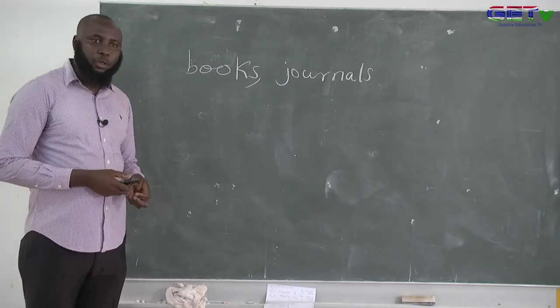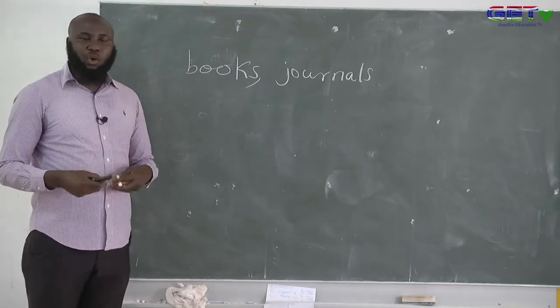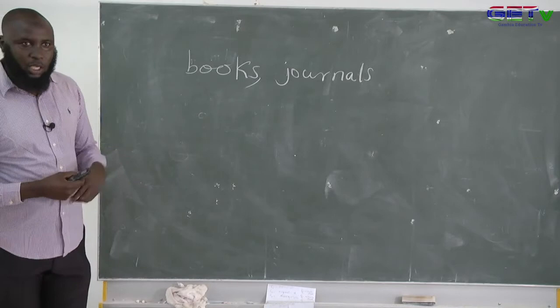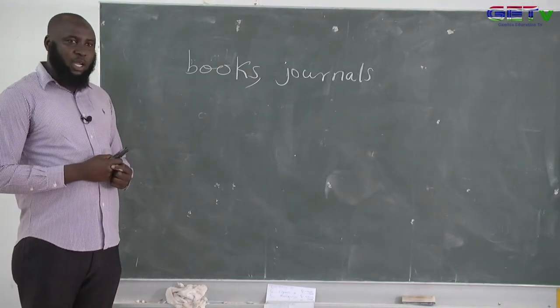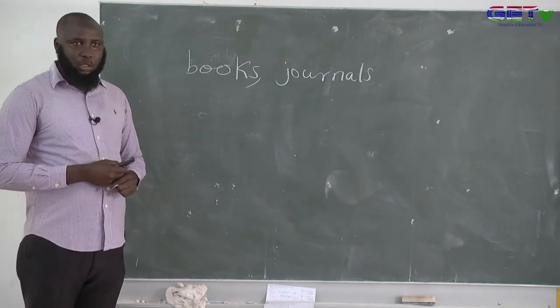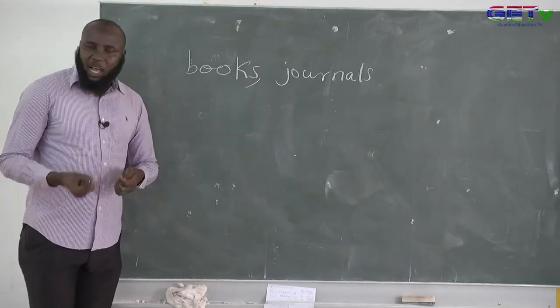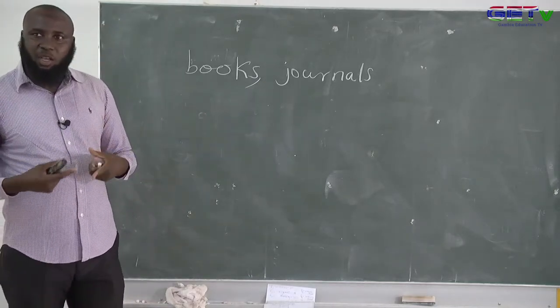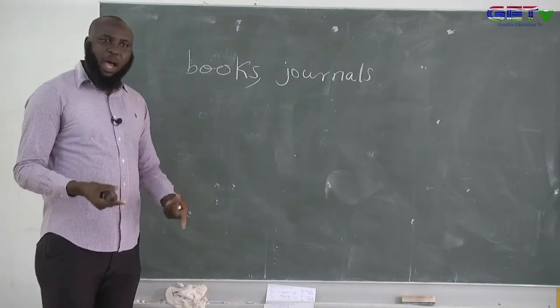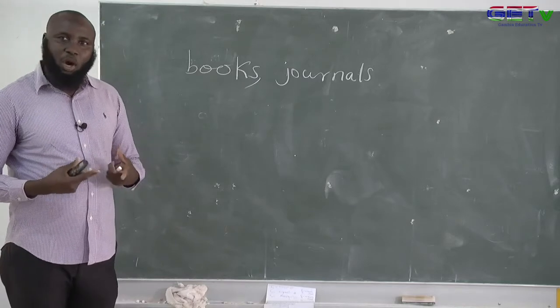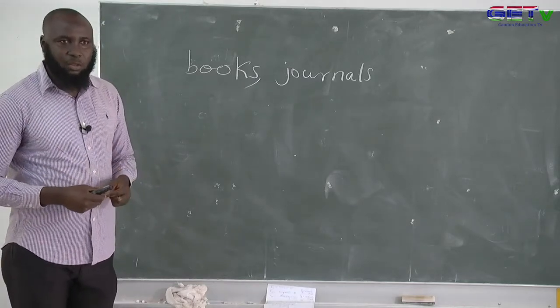Are you following? And it can also be in other documents as well. If you look at the olden days, before the invention of books, journals, and other things, people were writing history on bark of trees. They were also writing on animal skins.